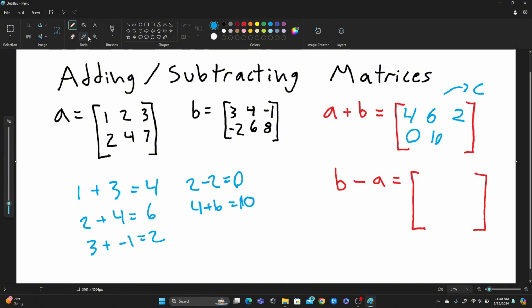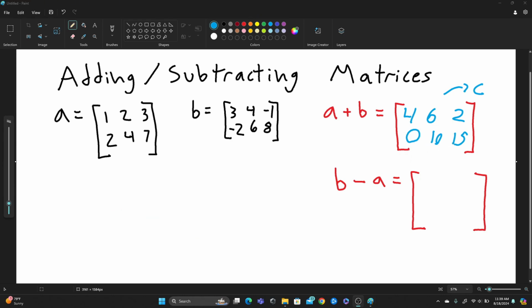And then finally, we're going to do 7 plus 8 equals 15. Put 15 right here. So this is the answer to A plus B.